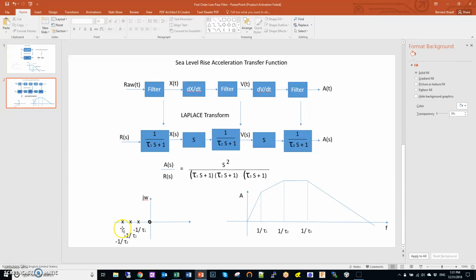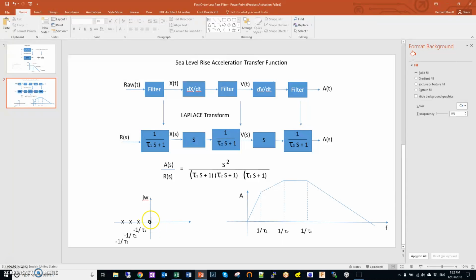Looking at the frequency response for such a pole-zero diagram is intuitive. It's relatively easy. All you have to do is go along the frequency axis here and look at the ratio of the length of the zeros versus the length of the poles, and that'll give you an order of magnitude.